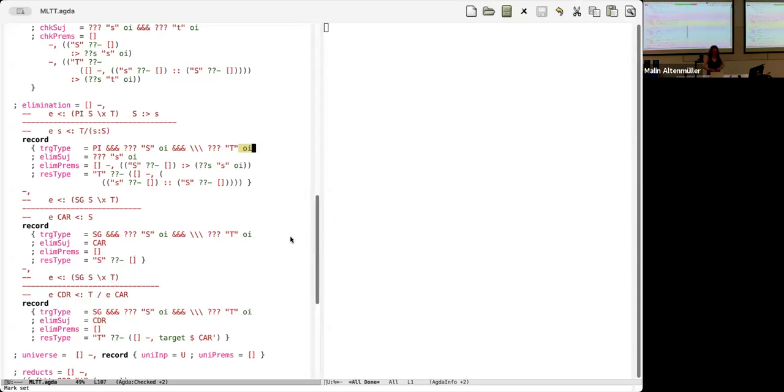Right. So yeah, just working through the rules. If we do the car projection, that gives us something of the first component type, that's S. If we do the cdr projection, we get something of type T instantiated with the car projection.